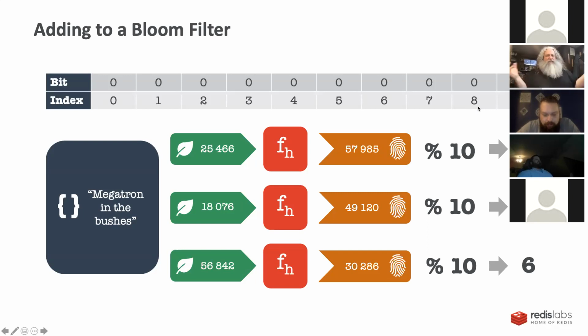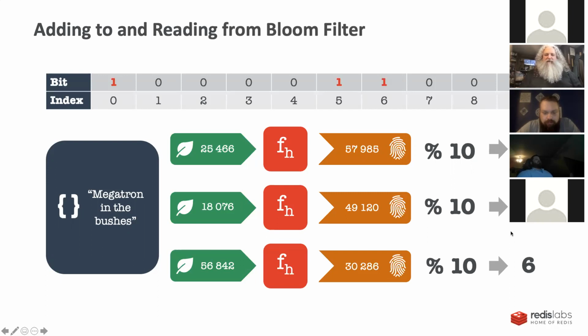A real one would be bigger than this. And those give you indexes 5, 0, and 6. You take those indexes, and much like a hash table where you put the value, this time you just put a 1. So 5, 0, and 6 all have their bits set high. These hash functions lead to indexes. We set them all to true.